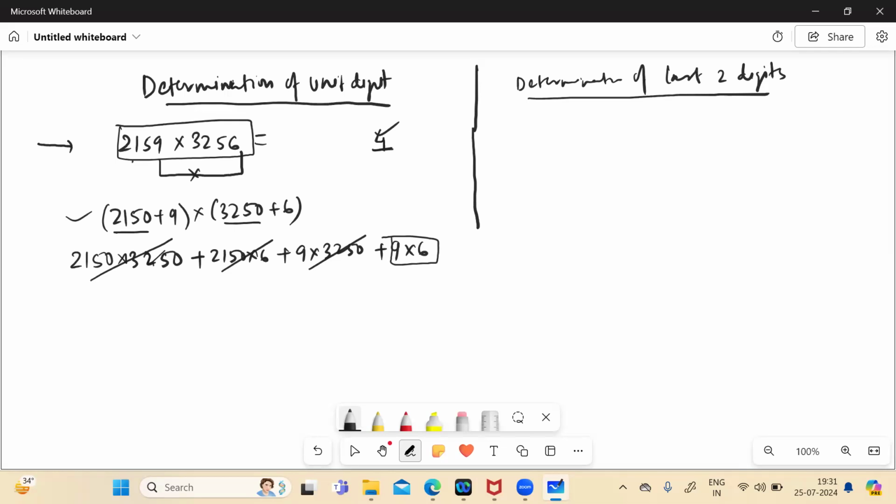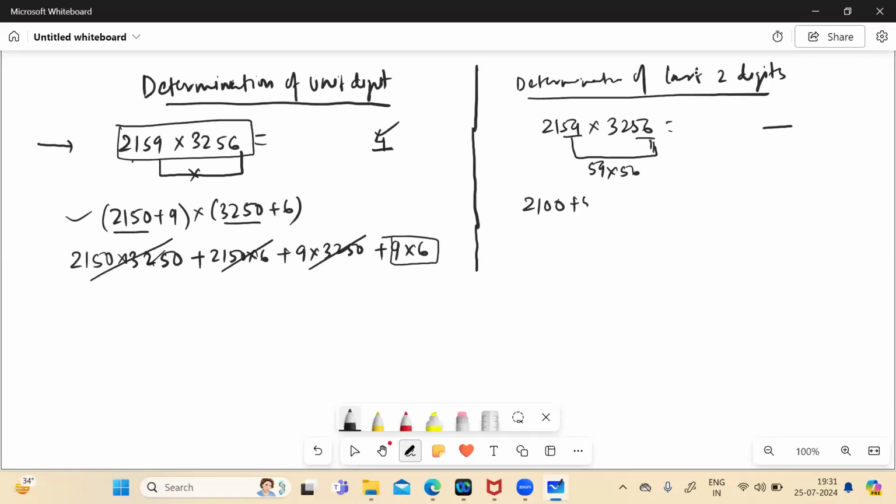Similarly, you can generalize this statement for two digits also. If we are multiplying 2159 into 3256, the last two digits of this multiplication will be the same as the last two digits of 59 into 56. To prove this, you can again think like this.